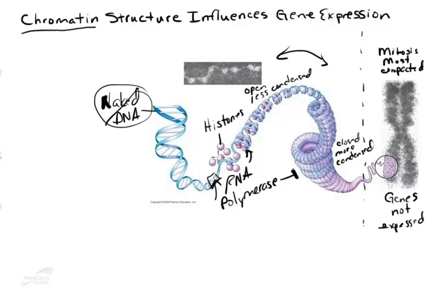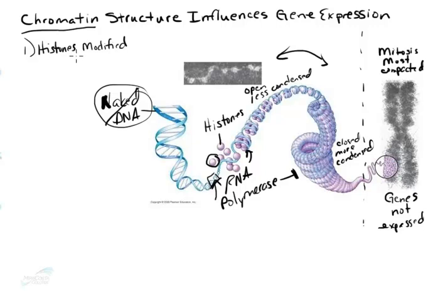One way is by modifying the structure of these histone proteins themselves. So what I'm talking about is chemical modification of histones, in which different chemicals are added on to the histone proteins, and that changes the structure of chromatin in one form or another.